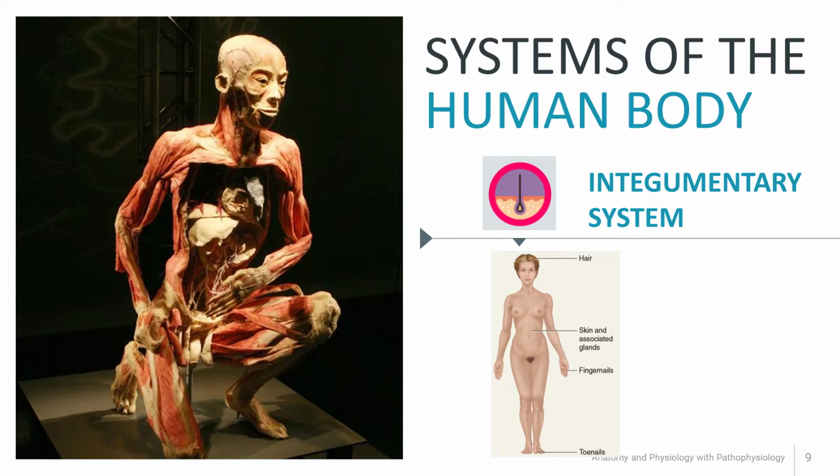It also helps regulate body temperature, and it provides sensory information. If you have problems with the integumentary system, we usually consult a dermatologist. A dermatologist is a doctor who specializes in treating diseases of the integumentary system.